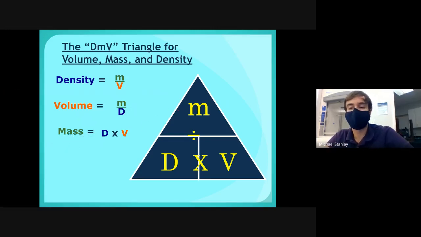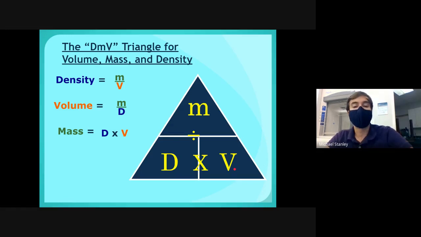Some people also like to use what's called the DMV triangle, which is this weird looking guy right here. The way it works is that you make a triangle and you put M in the top corner, D in the bottom corner, and V in the other bottom corner.